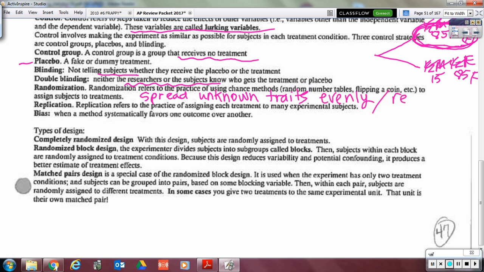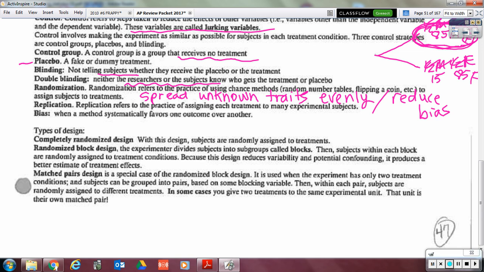You are also hoping to reduce bias. When you need to spread unknown traits evenly, randomize, randomize to reduce bias, reduce bias. Okay? And of course we know what bias is.